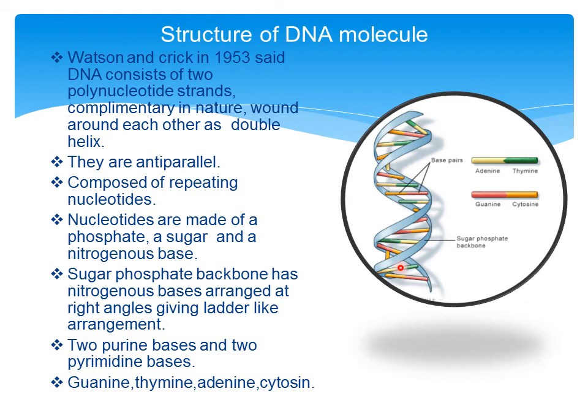So what are these nitrogenous bases? There are 2 purine bases and 2 pyrimidine bases. Those are guanine, cytosine, adenine and thymine. These 4 purine and pyrimidine bases form this ladder-like arrangement. We have given them different colors. You can see that if this is adenine, this is thymine, this will be guanine and this will be cytosine.